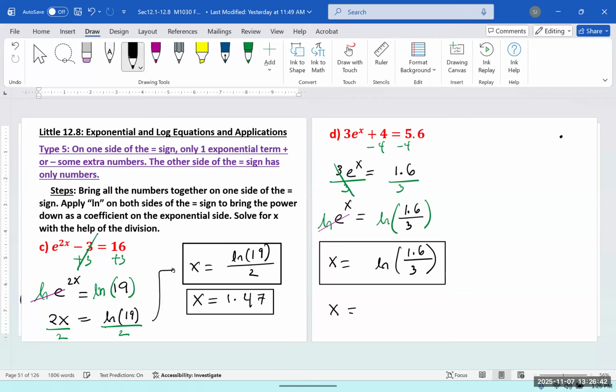And did you find out how much this is? It's 0.628, which is 0.63.